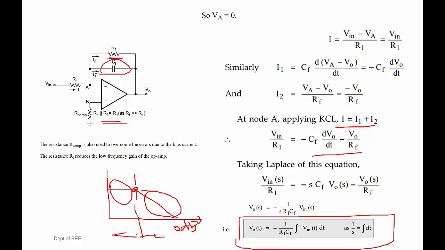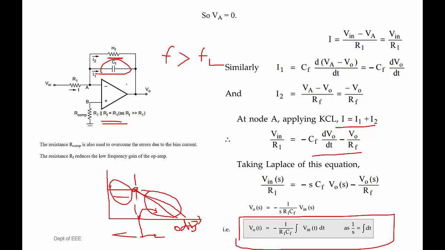For perfect integration, the input signal frequency must be greater than the lower cutoff frequency, FL. For frequencies greater than this, integration is done. Before that, it is just working as an inverting amplifier.